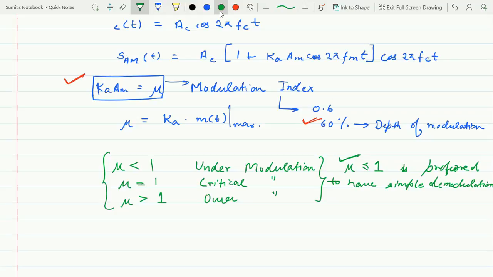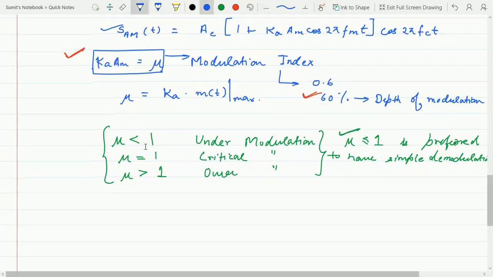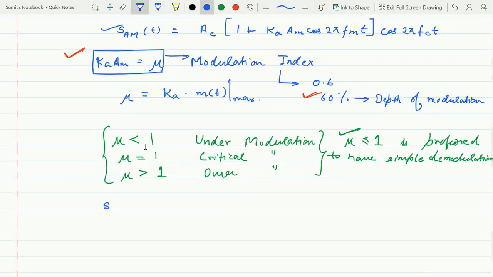So now let's focus on the equation again. The equation was this one, the AM expression. Now I'll just expand it, open these brackets here. So I'll write it as S_AM of t would be A_C cos 2 pi F_C t plus A_C K_AM.